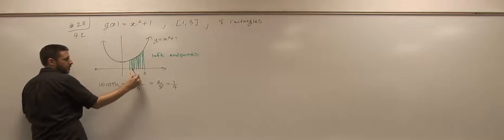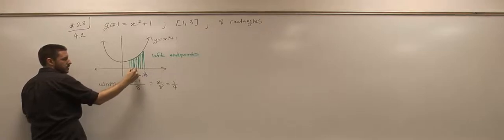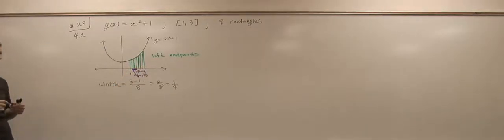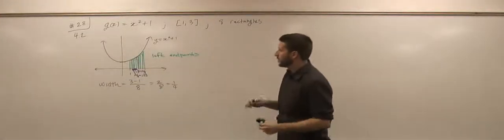So 1 1/4 or 1.25. And then you add a fourth again. So 1.5. And then you add a fourth again. So 1.75. So you add a quarter each time to get the correct x value to plug in.